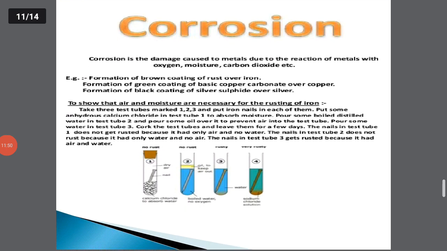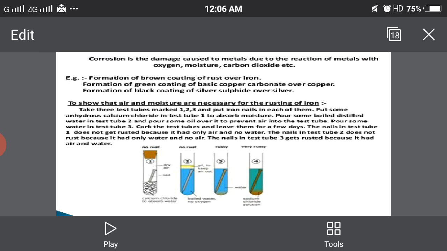Corrosion. We all know corrosion is the damage caused to metal due to the reaction of metals with oxygen, moisture, carbon dioxide, etc. So there is formation of a brown coating of rust over iron, and formation of a green coating of basic copper carbonate over copper.